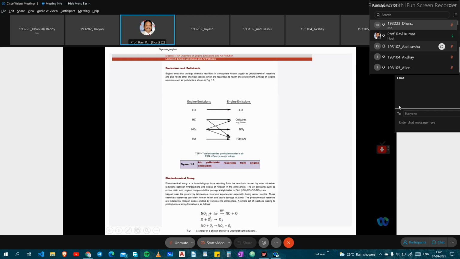NO2 plus hv (ultraviolet rays) will give NO, nitric oxide, and O. This O plus O2 gives O3, and NO plus O3 gives NO2 and O2. hv is the energy of a photon, and UV is ultraviolet light radiation. This will be mixing here, and we are going to get the equation of this one.